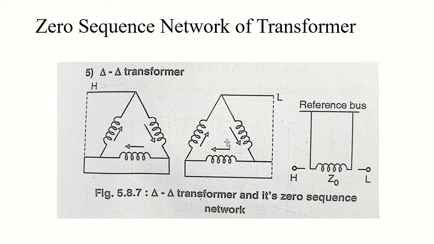Except for that, it will not. Because of that, Z0 will be connected to the reference bus. As you can see here, H and L, both of the sides, are open, and Z0 is connected to the reference bus, which will be circulating zero sequence current in the two deltas, and H and L will remain open.